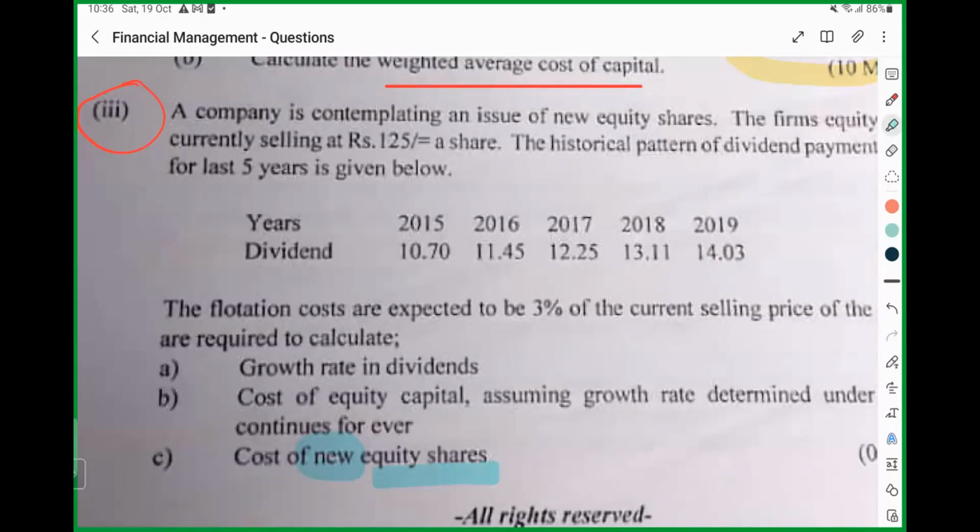So there's a difference between the cost of equity of existing equity shares and new equity shares. I'll give another 1 to 2 minutes, quickly calculate.